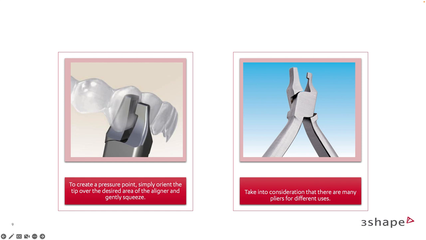Also, another tip that I provide for auxiliary techniques will be the use of the detail pliers. The tip of the detail plier features a unique design that can create pressure points. The created pressure point will help us to push the tooth into its intended space in the aligner. It's important to clarify that in several places you're going to find different types of detail pliers.